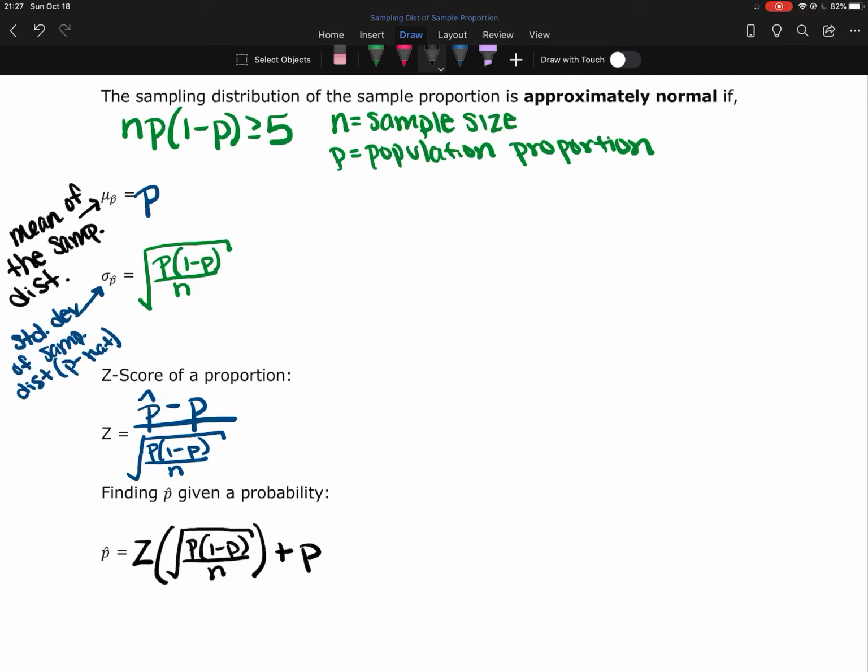So these are all of the values and equations that you are going to need for the sampling distribution of a sample proportion.